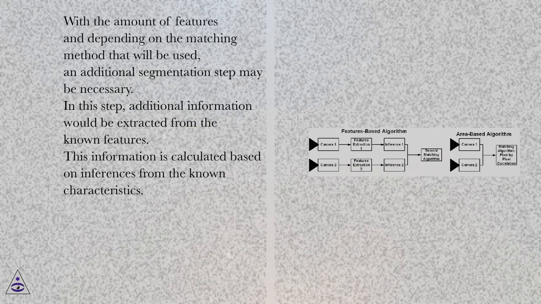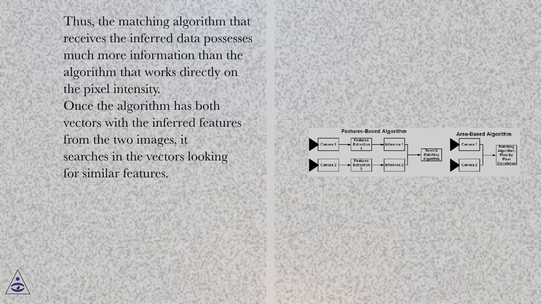In this step, additional information would be extracted from the known features. This information is calculated based on inferences from the known characteristics. Thus, the matching algorithm that receives the inferred data possesses much more information than the algorithm that works directly on the pixel intensity. Once the algorithm has both vectors with the inferred features from the two images, it searches in the vectors looking for similar features.